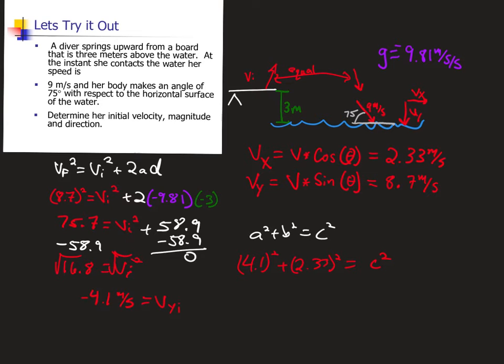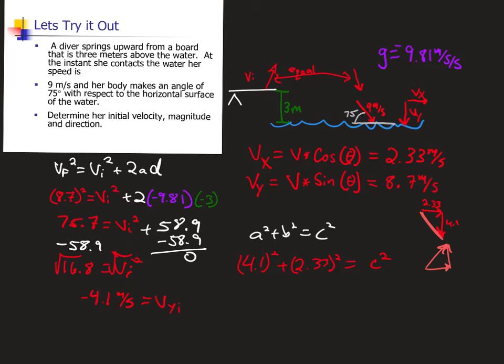We now know two parts of our triangle, the 4.1 and the 2.33 of our initial triangle, and that's the part we're trying to find. With that, we can change the direction of what that looks like. Would just flip it and be the 2.3 there, the 4.1 there, to give us that actual initial.